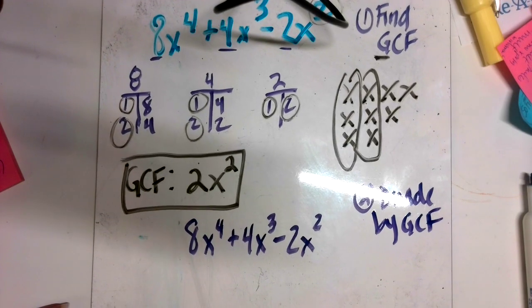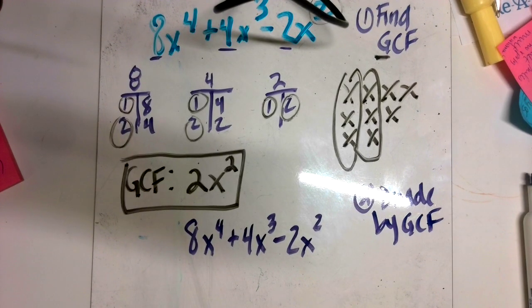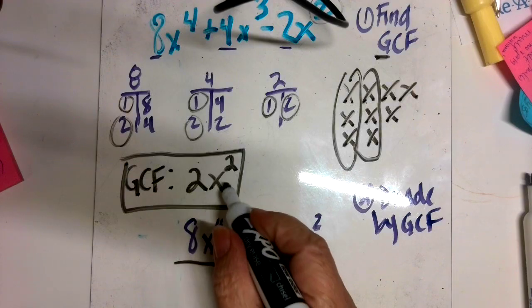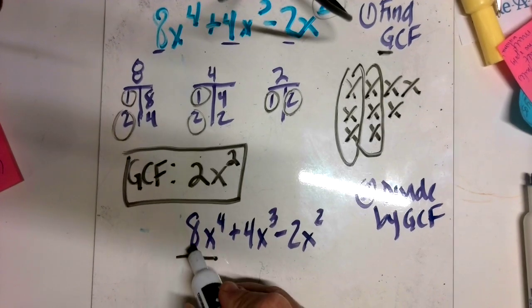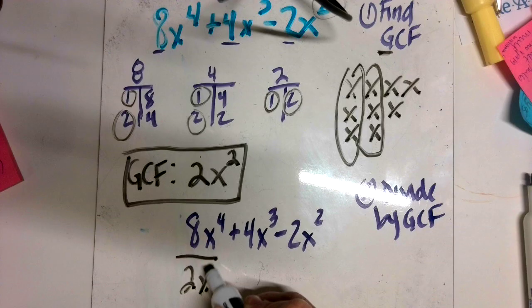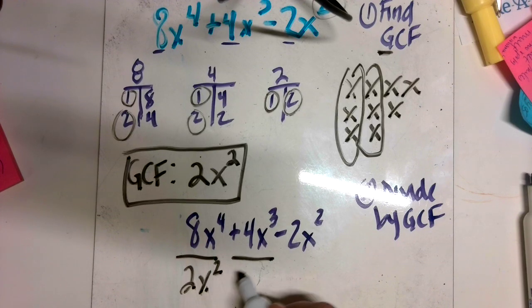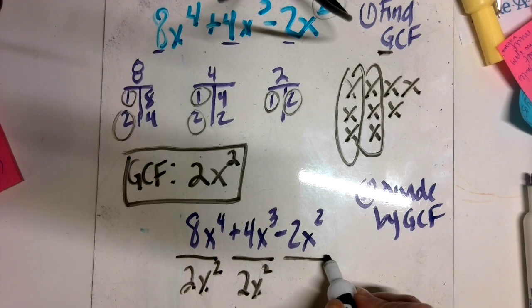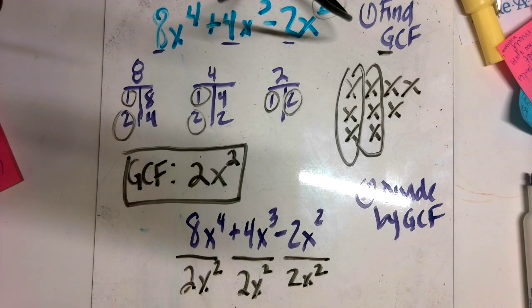What do I mean by that? Take each term and divide each term by this greatest common factor. So I'm going to divide this by 2x squared, this one by 2x squared, and this one by 2x squared.